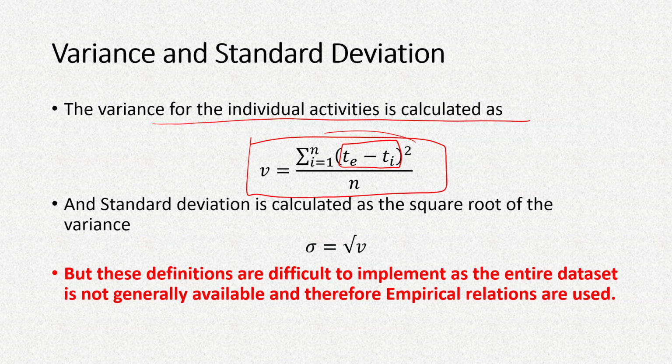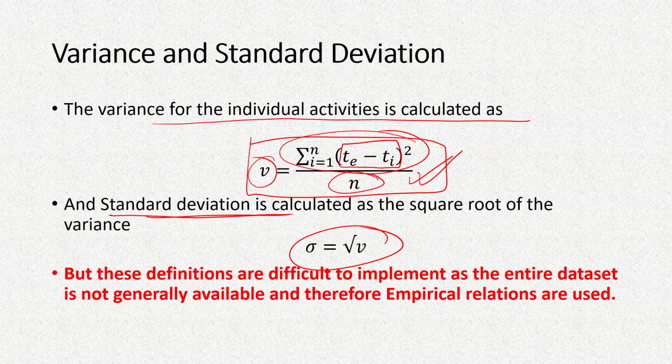And if we take the total sum and then divide it by the total number of samples, then we'll get the variance. But since it already had the square, to find out the actual variation around the mean, which is called the standard deviation, we take the square root of this variance.